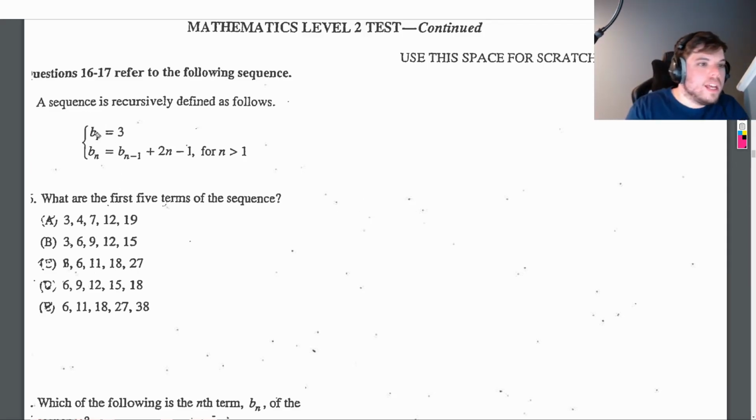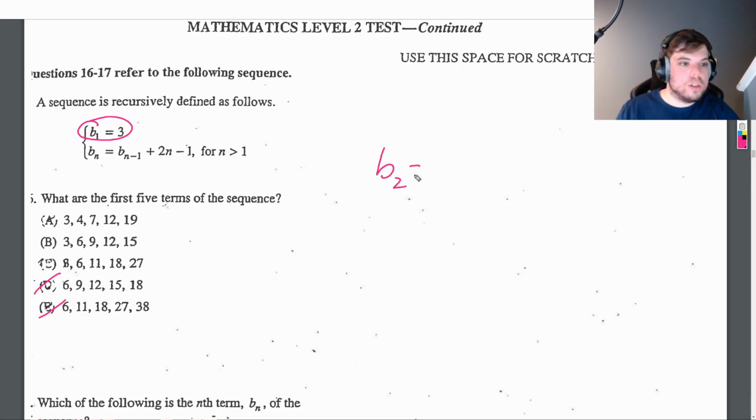So the first term in the sequence is 3, which means it can't be D or E. Now the second term means we have to take the first term and add twice whatever term we're at, minus 1. So B2 is B1 plus 2 times 2 minus 1.